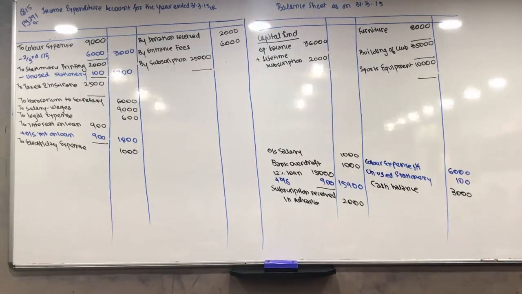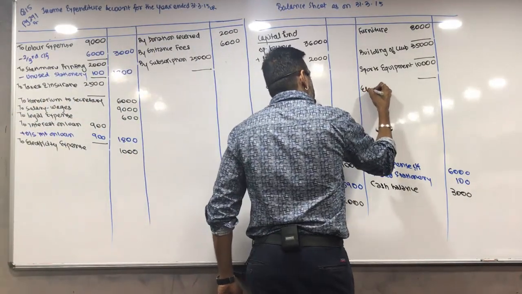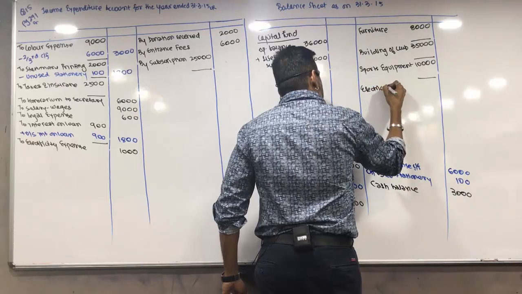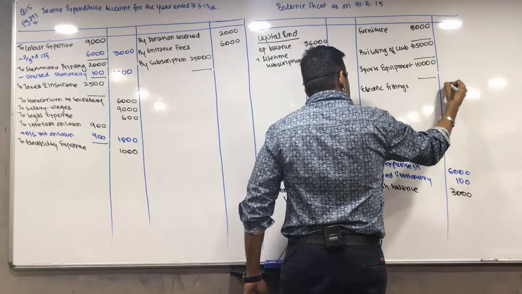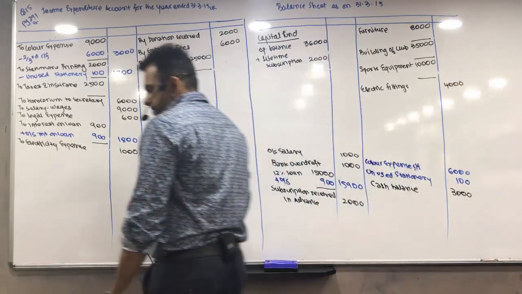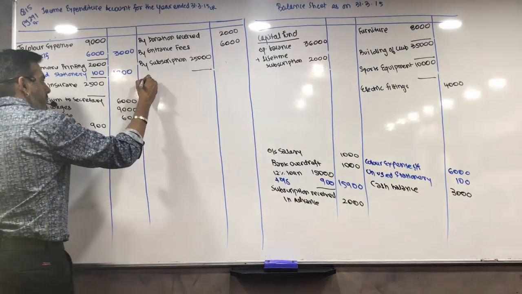Electric fittings 4,000, asset. Lockers rent 1,000.